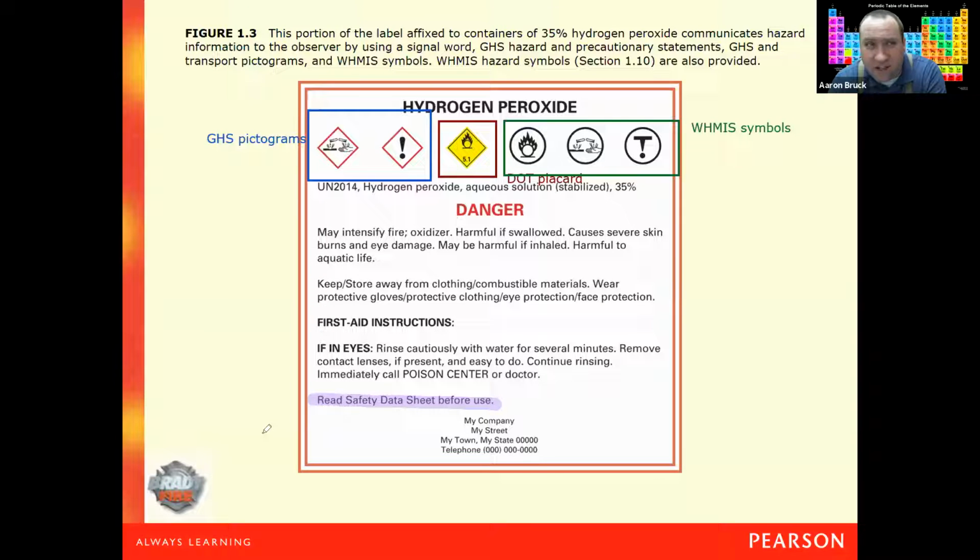Material safety data sheets were replaced by safety data sheets probably about 7-8 years ago. There's still a lot of common language used between them. And in fact, the safety data sheet, with the exception of having a couple of extra sections in it, is almost identical to the material safety data sheets of before.